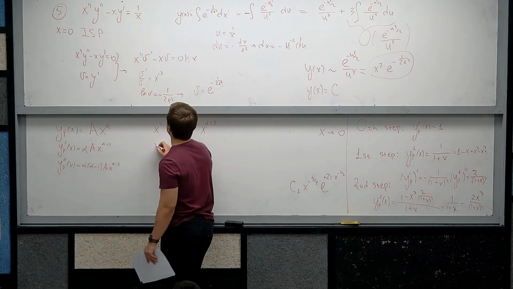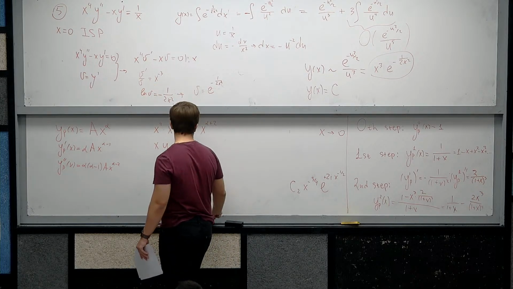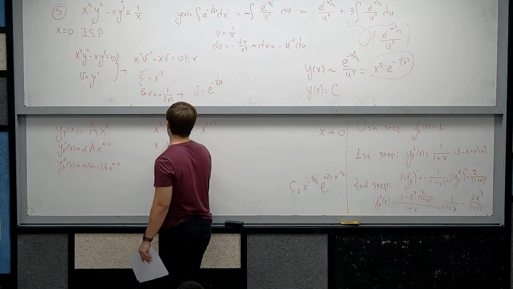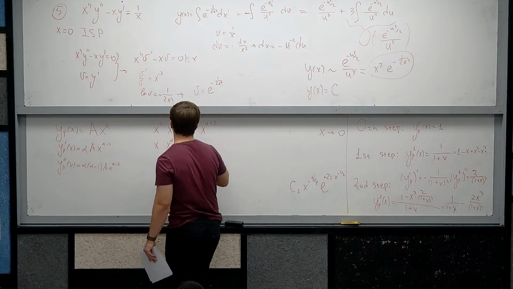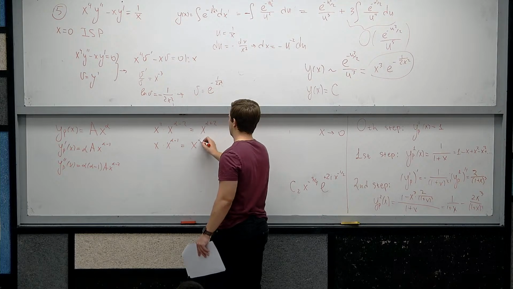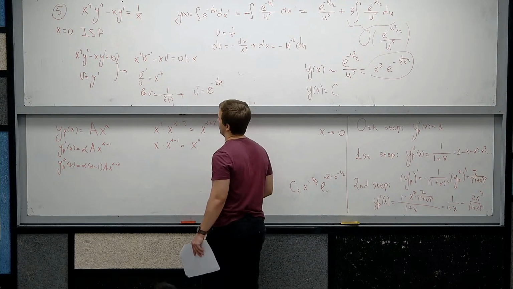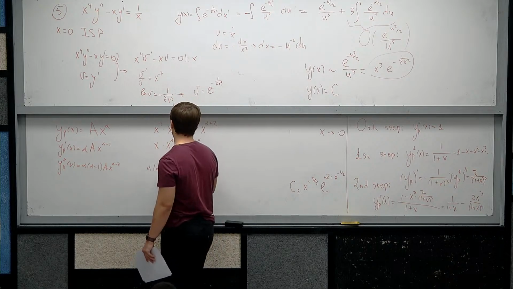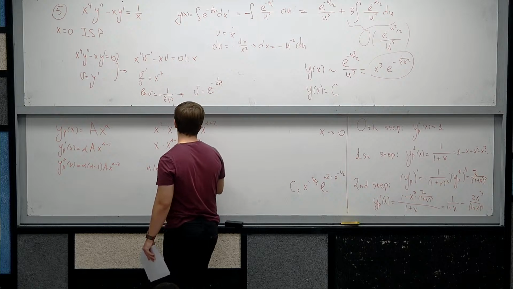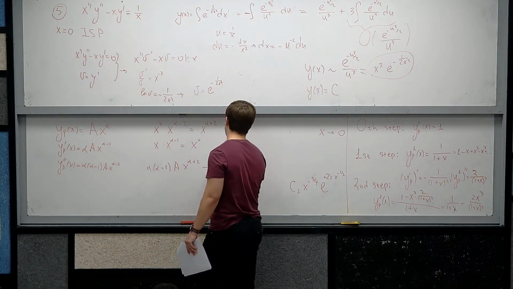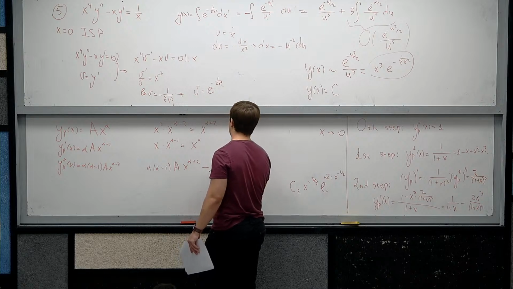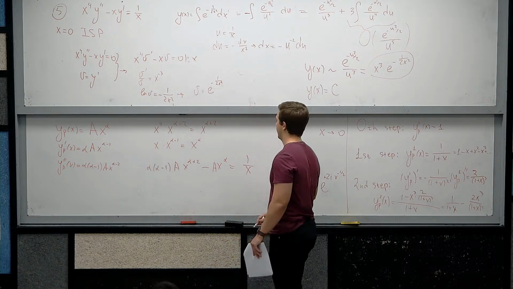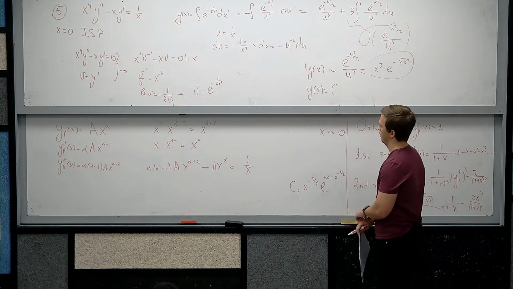And the second term, x multiplied by y prime, just x to the alpha. Now we have alpha minus 1 a x to the alpha plus 2 minus a x to the alpha is 1 over x. Okay?